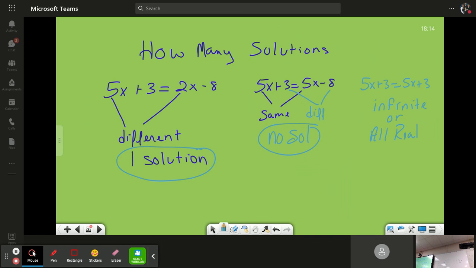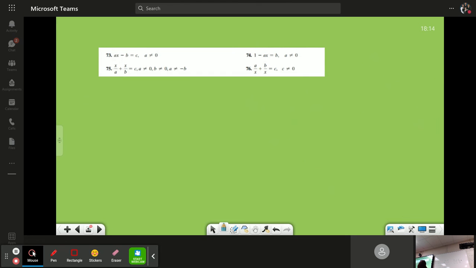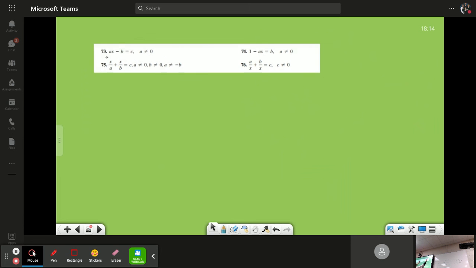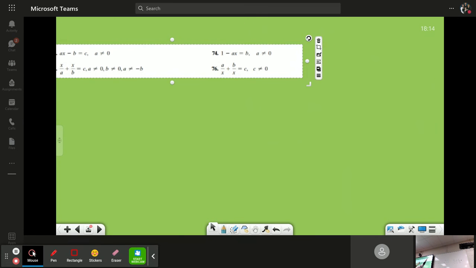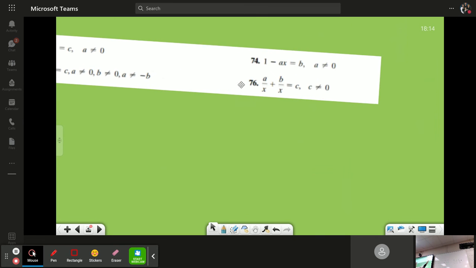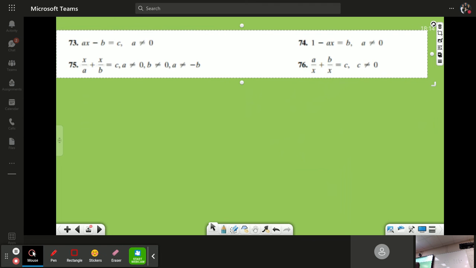All right, let's go to, we're not going to talk about this. Now these are equations to solve. They're just not giving me any numbers. So I can't do the actual math, but I can still do the same steps.